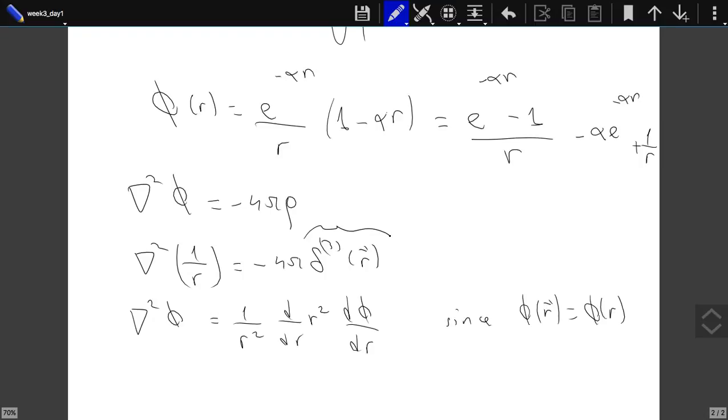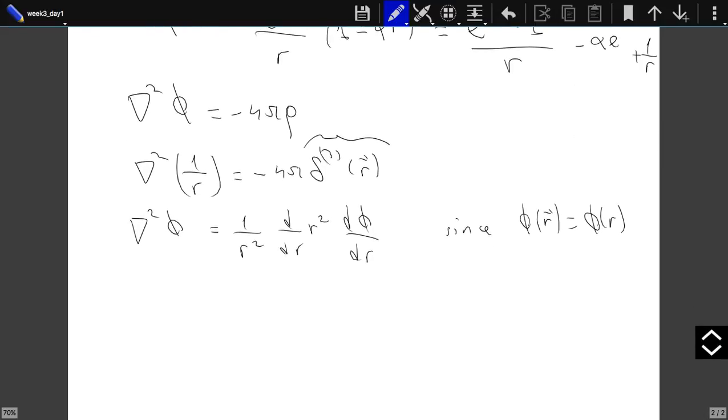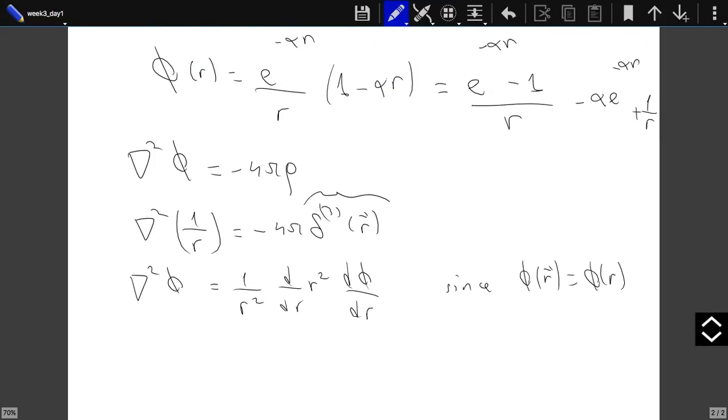Homogeneous, let's see. Let's calculate the charge density. Okay, so this was our phi. Let's first evaluate it. R is not equal to 0.